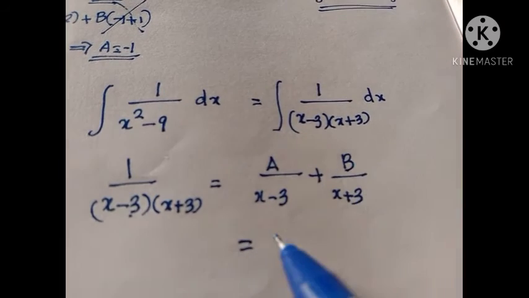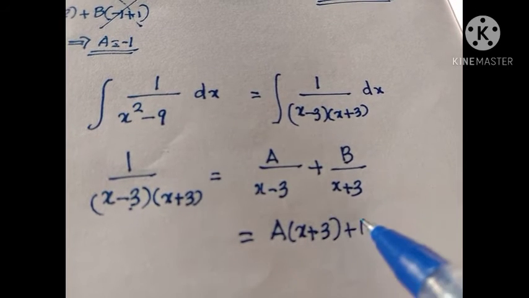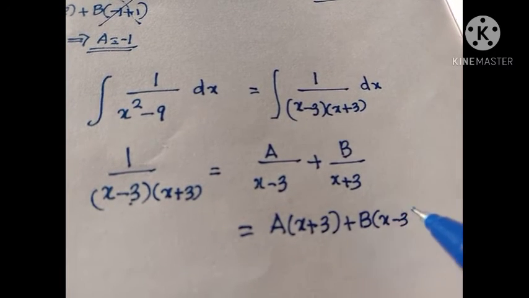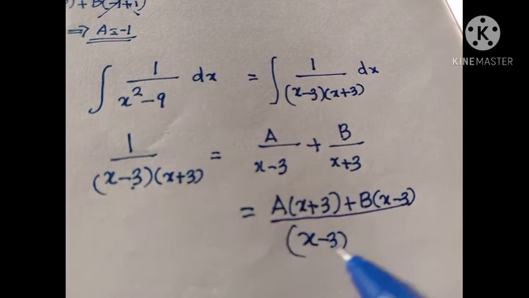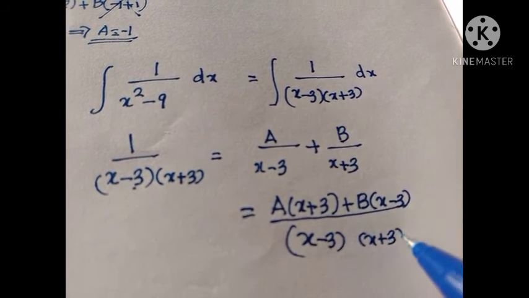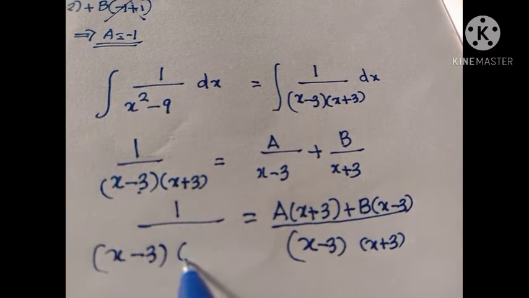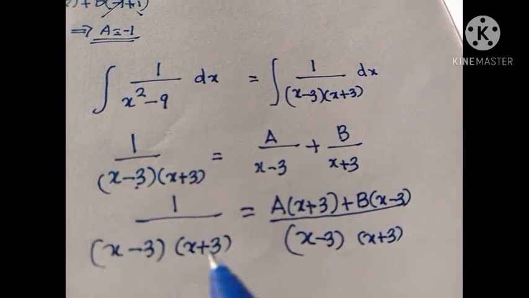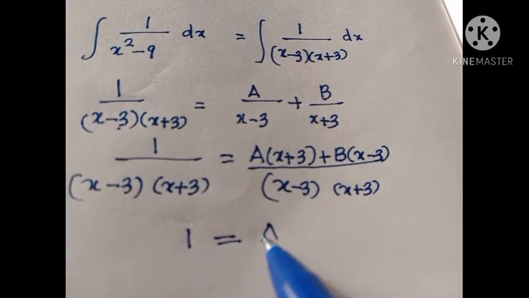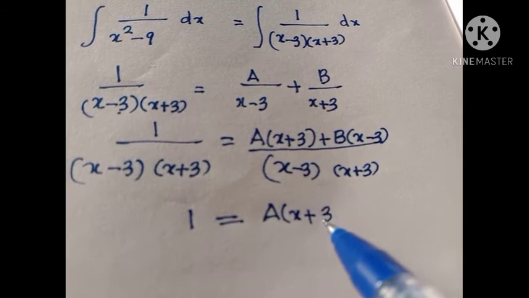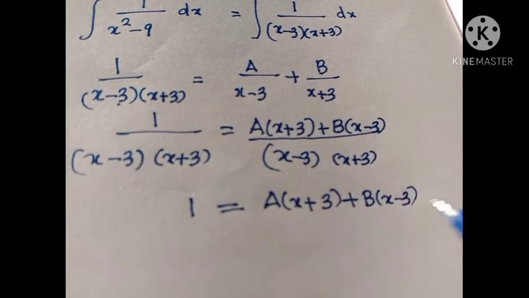Now take cross multiplication. So this is A into x plus 3 plus B into x minus 3 divided by x minus 3 into x plus 3. What is the left side? 1 by x minus 3 into x plus 3. Now the denominator is the same, so we can write numerator 1 equal to A into x plus 3 plus B into x minus 3.